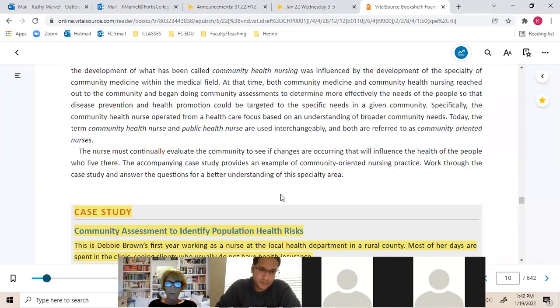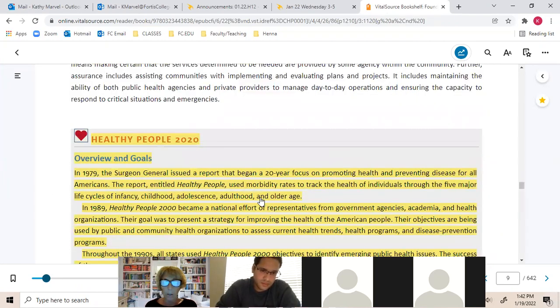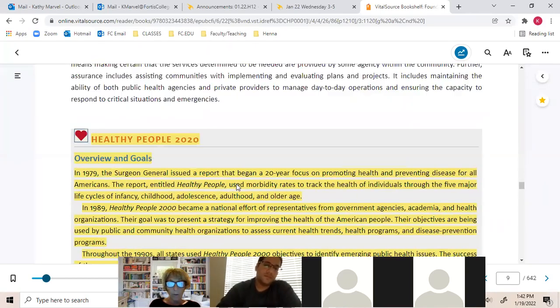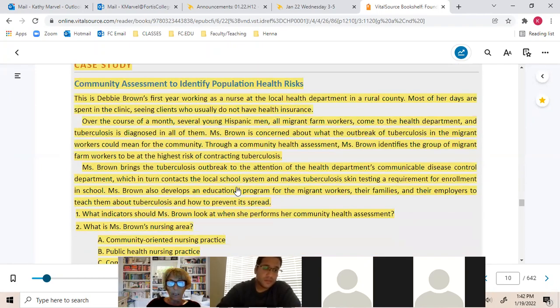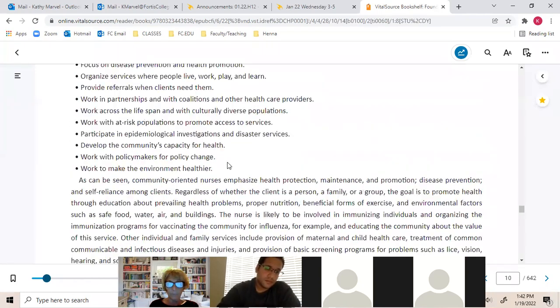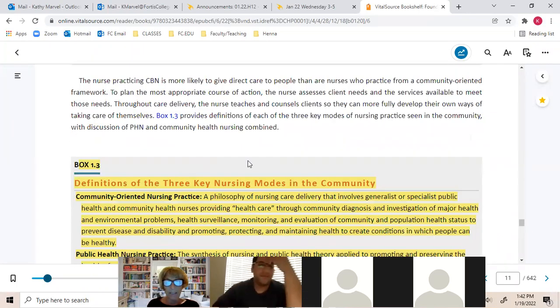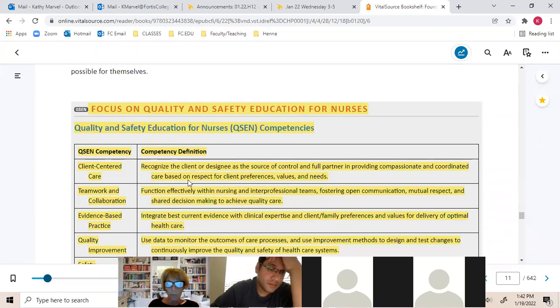So levels of prevention and Healthy People 2020 are non-negotiable for each chapter. My suggestion is that you also review the case study, and if I come up and say any boxes would be helpful, this one.